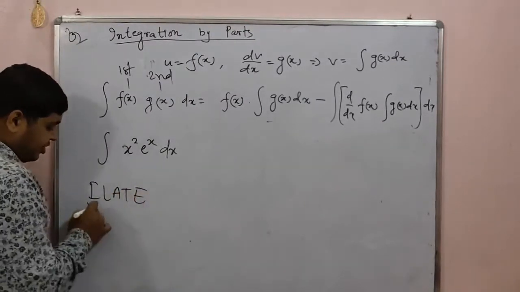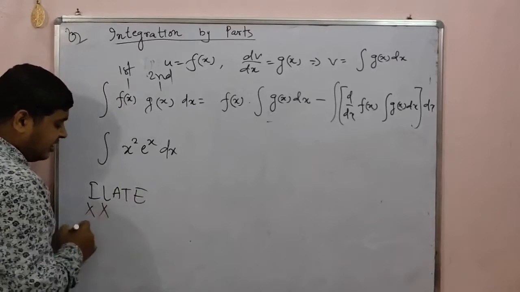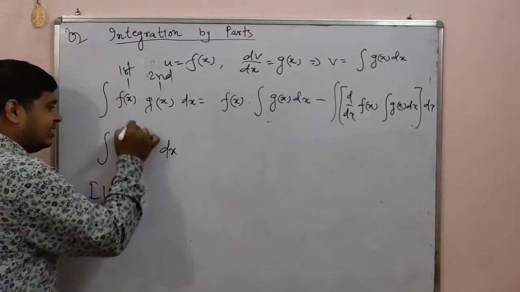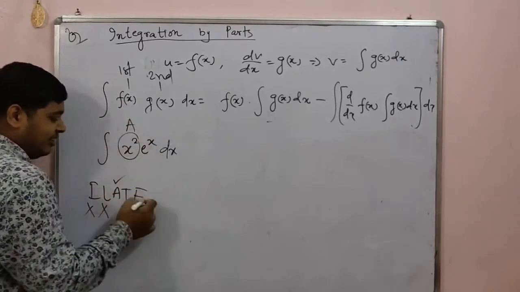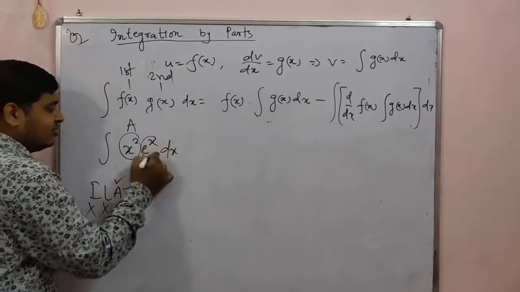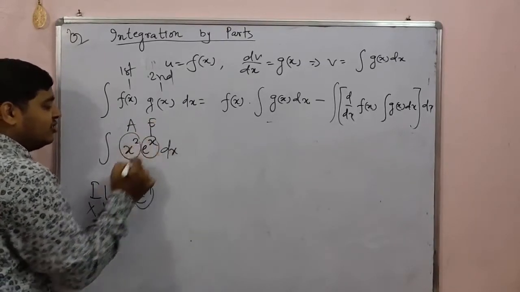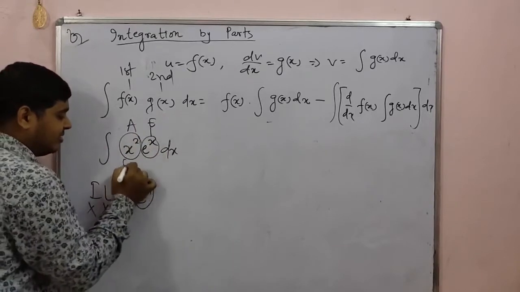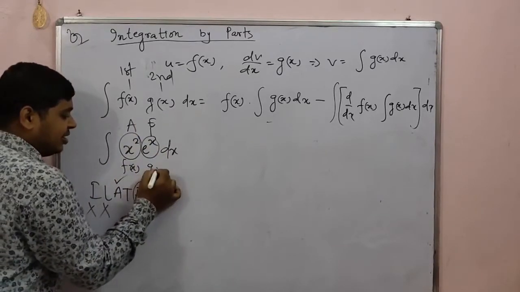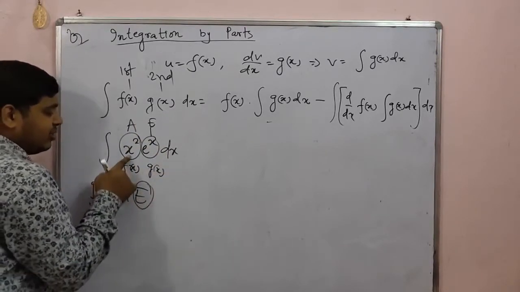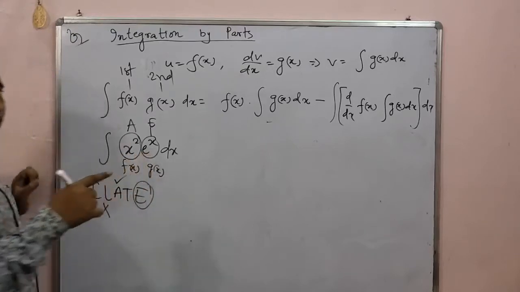No inverse trigonometric function, no logarithmic function, an algebraic function is there. This is an algebraic function, and this is an exponential function. So x square is our f of x, and e to the power x is our g of x. So the first function is x square, and the second function is e to the power x.